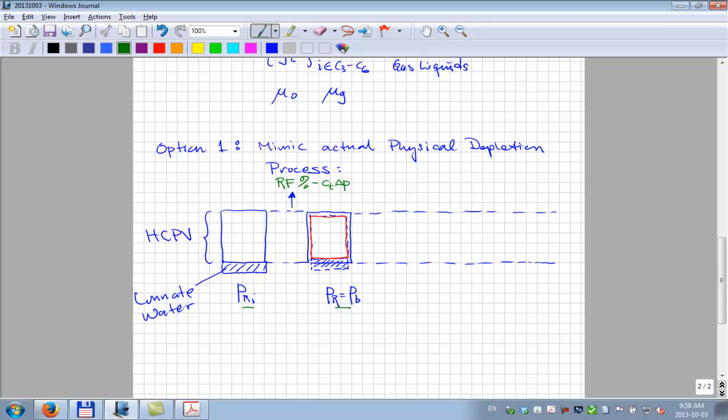Okay. So I'm going to redo this picture. I'm going to get rid of all of the reality and bring it back to this, and I'm going to say that the hydrocarbon pore volume remains the same. Then we go to a new pressure, below reservoir pressure, below the bubble point.